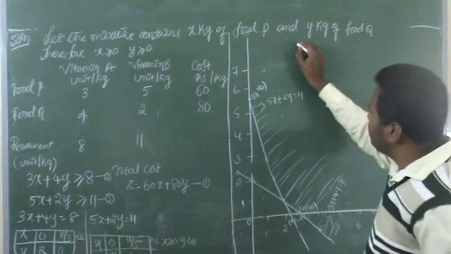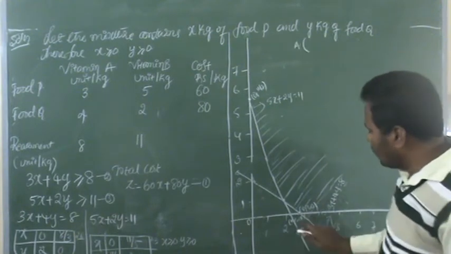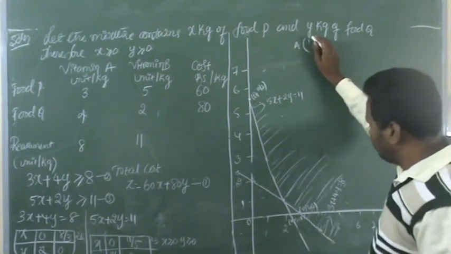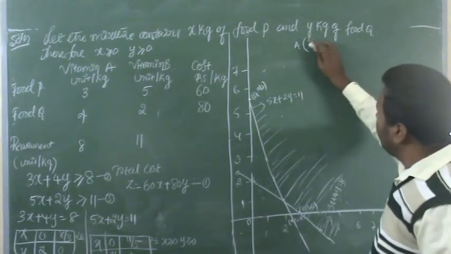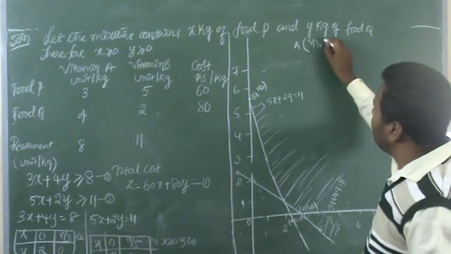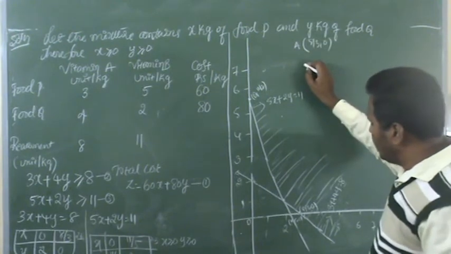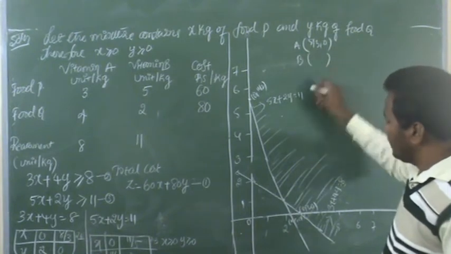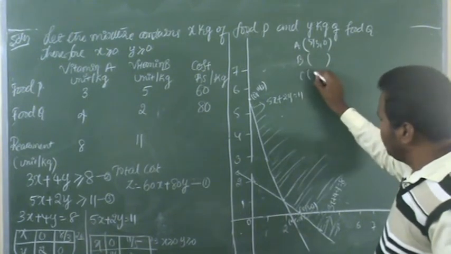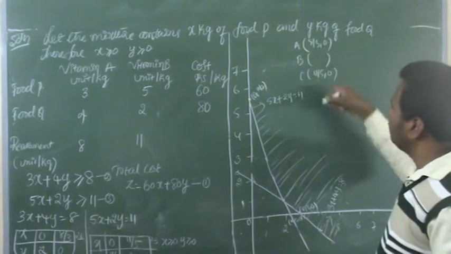That is, corner point A is (8/3, 0), and we don't know the B value, and C is (11/5, 0).